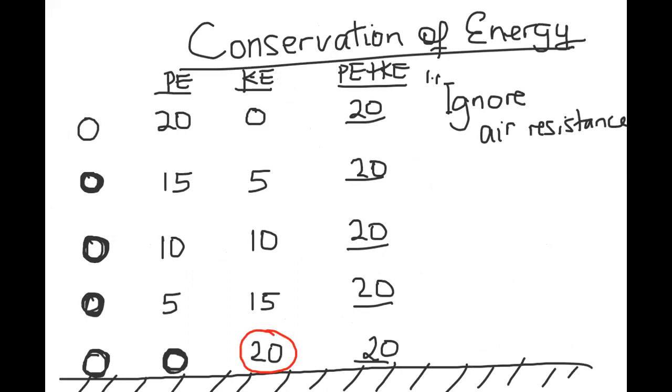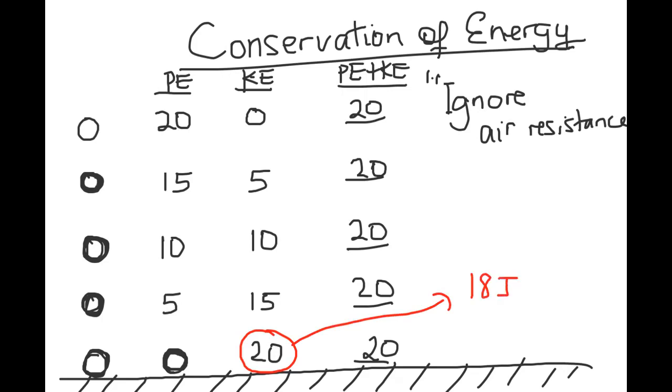Some of the energy might be converted into other forms of energy, such as thermal energy or sound energy, right? And for that reason, the energy here might be less. It might be, for example, 18 joules.